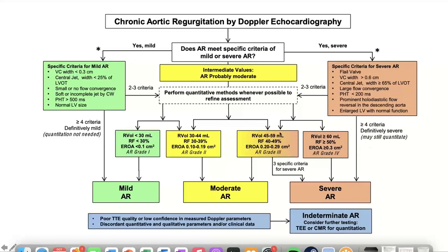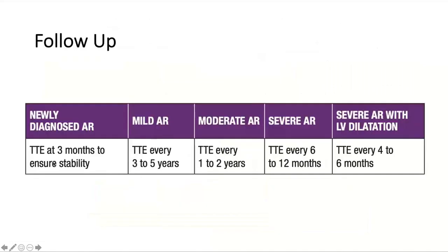And then, of course, there can also be some gray area where you're going to look at using these supportive features to make that diagnosis of severe. And then, as we already spoke about, if this is still not making sense, always consider further imaging with TEE or cardiac MRI.